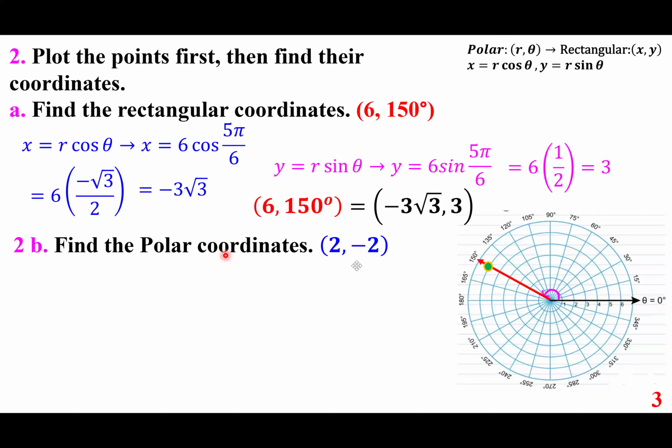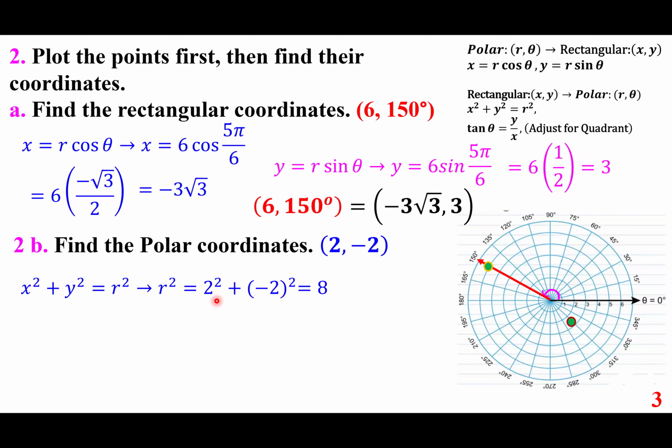What about 2, comma -2? So we go 2 units to the right and 2 units down, because you can think of this as a rectangular coordinate system as well. And the relationship is that x squared plus y squared equals r squared, and tan theta is y over x, adjust for the quadrant. And so x squared plus y squared equals r squared means 2 squared and negative 2 squared, they add up to 4 and 4 is 8.